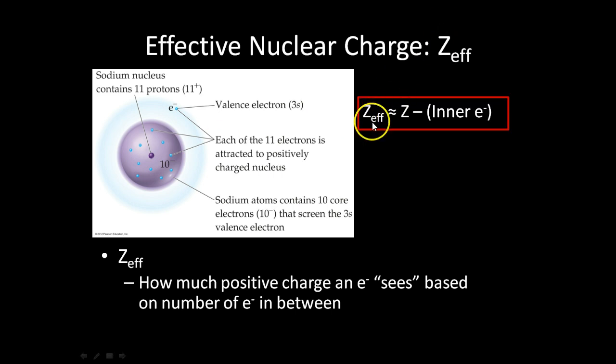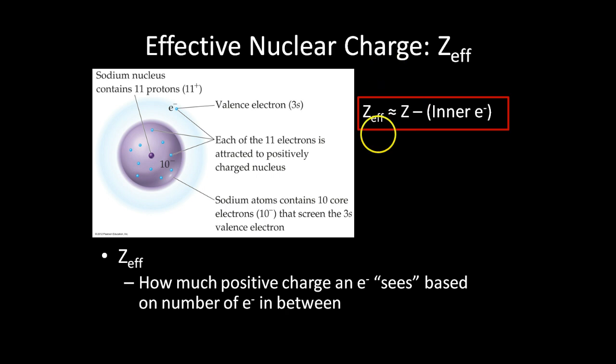So the approximate Z effective calculation goes like this. We're going to take all of the protons at the nucleus, so the entire charge of the nucleus, which is basically just all the protons. They all contribute a +1 charge.